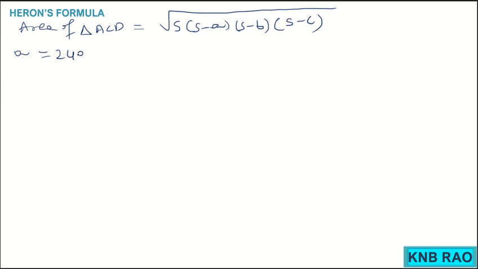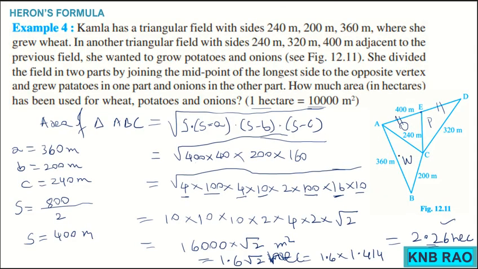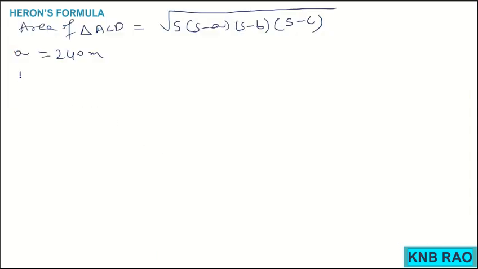One is 240 meters, that we have already got, and another is 320, and the third side is 400 meters. So 240, 320 and 400.